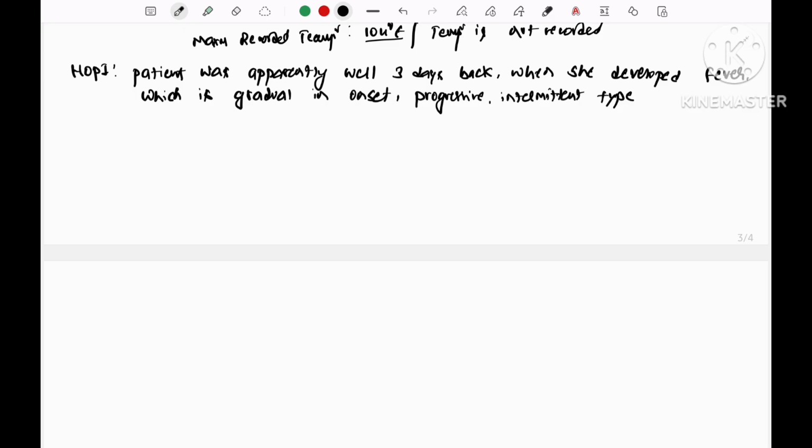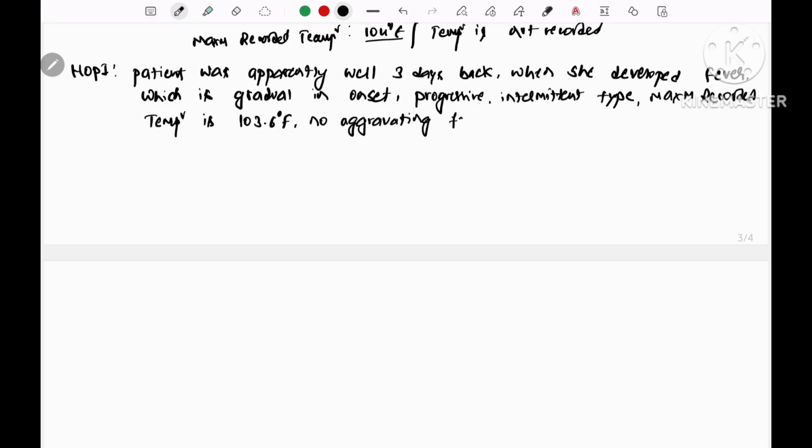There is the saddleback fever, which is present in dengue. The maximum recorded temperature is 103.6 degree Fahrenheit, not Celsius, but Fahrenheit.